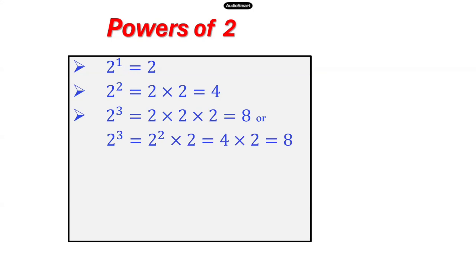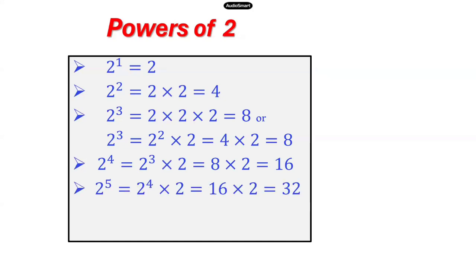So from the previous power, if you multiply by 2, you will get the next power. For example, 2 to the power 4 is 8 multiplied by 2, which is 16. 2 to the power 5 is 16 multiplied by 2, 32. 2 to the power 6 is 32 multiplied by 2, 64, and you can continue like this.